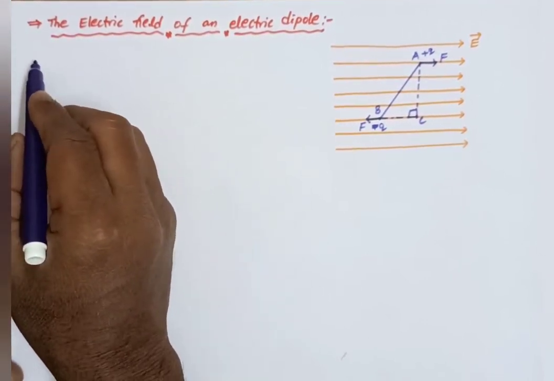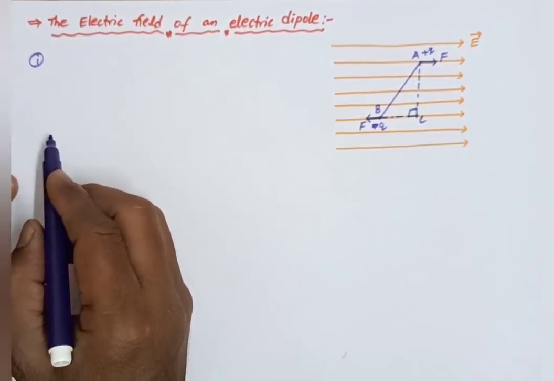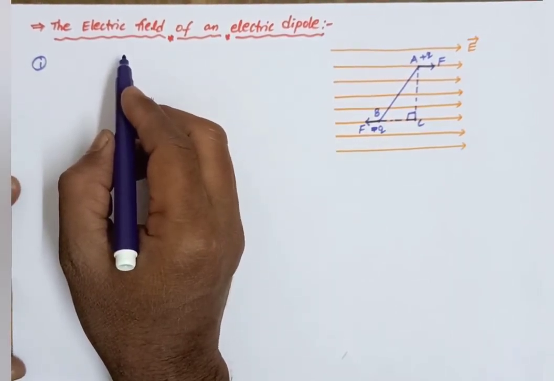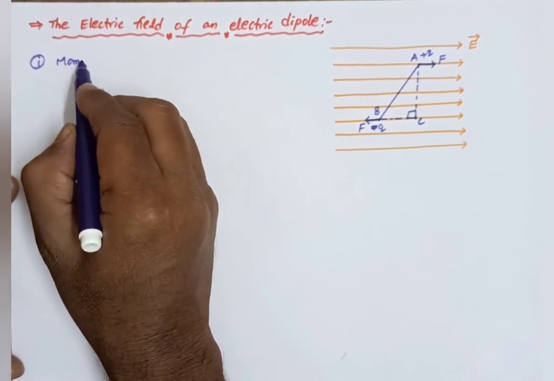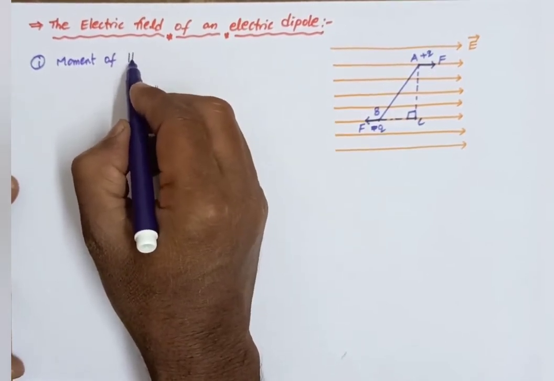First, we consider the electric dipole in a uniform external field, which is also called the moment of the couple.